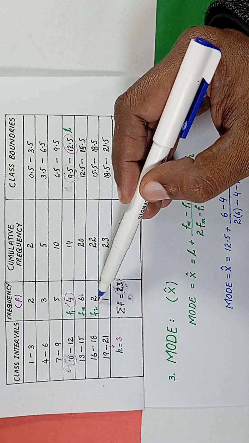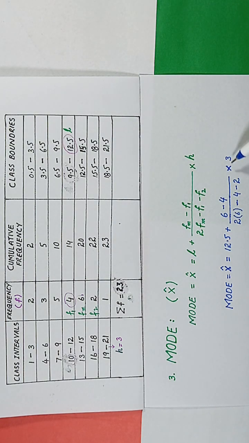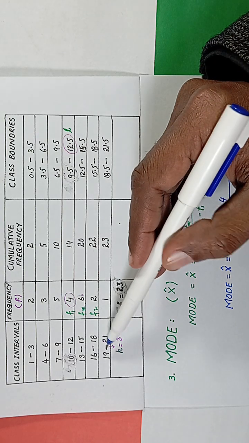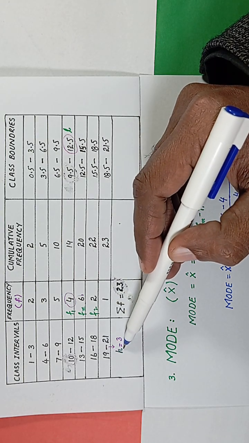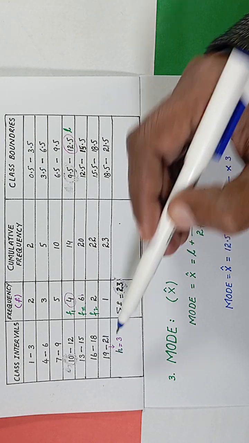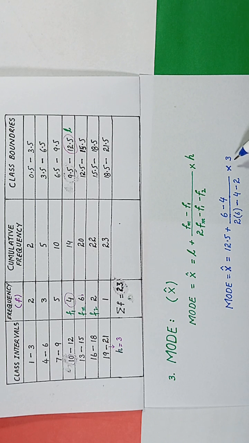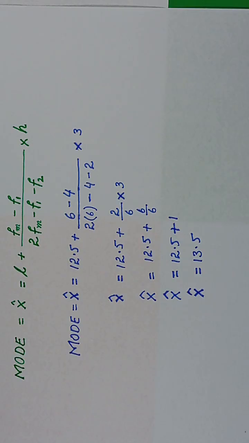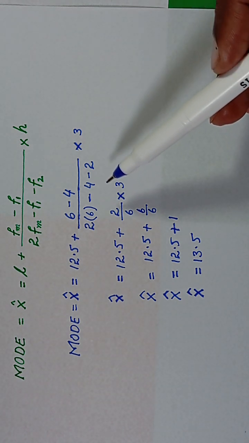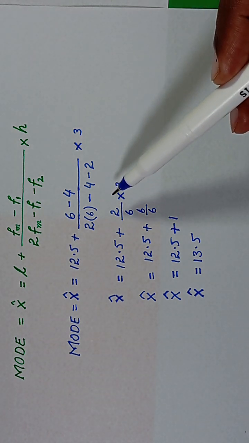F2 is equal to 2, multiplied by h, the size of class interval, h equals 3. So here we put the 3. After putting the values, we finally calculate the mode.